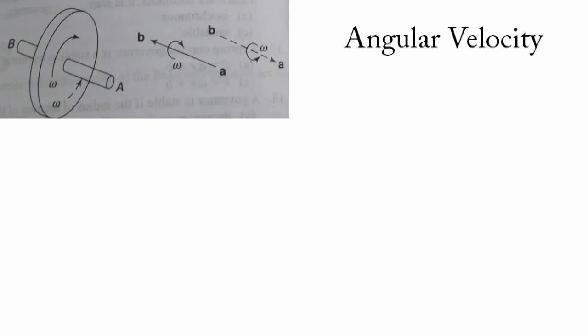So this velocity can be specified by a few things, like the magnitude of the velocity, how fast or slow the disk is rotating, that is omega radian per second. Second one is the direction of the axis of rotor, means the axis of rotor is AB, right? This is the axis of rotor.